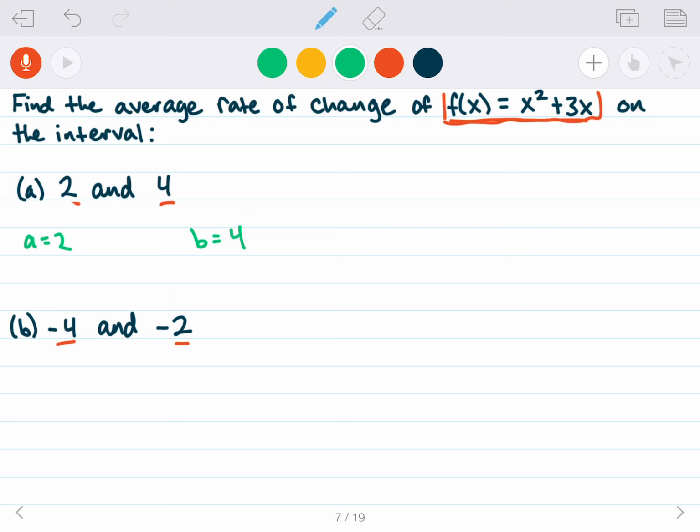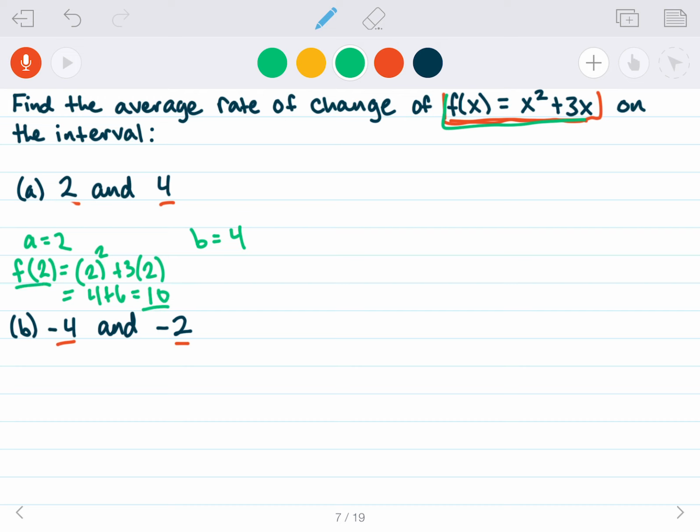The first thing says, well, let's figure out what the output for A is. A is 2, so we're going to plug in 2 into our function rule up here. f of 2 is going to be 2 squared plus 3 times 2. We're just plugging in 2 whenever we see our input variable. I get 4 plus 6, which is going to give us 10.